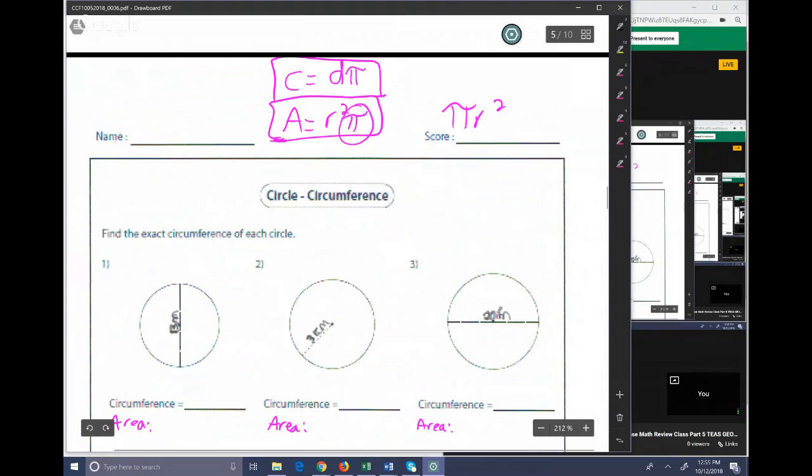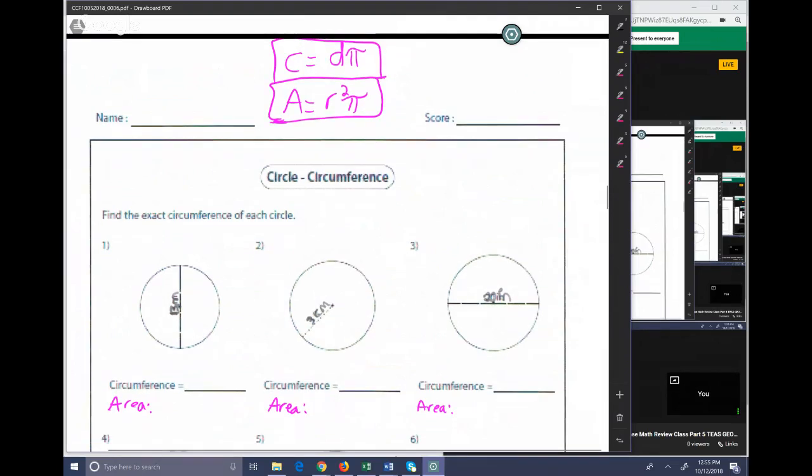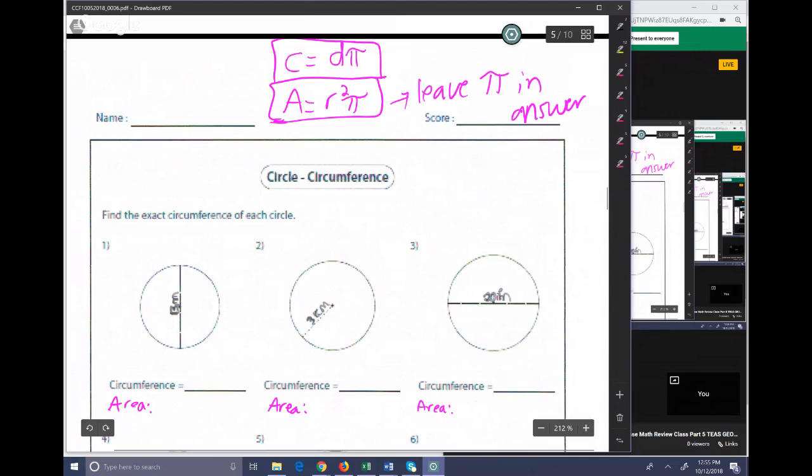So if you're going to leave the pi sign at the end anyway, you may as well always visualize that being at the end so that you don't have to rearrange if you do leave pi. What I'm referring to is a lot of times you'll leave pi in the answer and not actually multiply the 3.14. You'll know because they'll either tell you that, or you'll look at the answer choices and you'll see that each one of the answers has pi or doesn't have pi and has a decimal number instead.